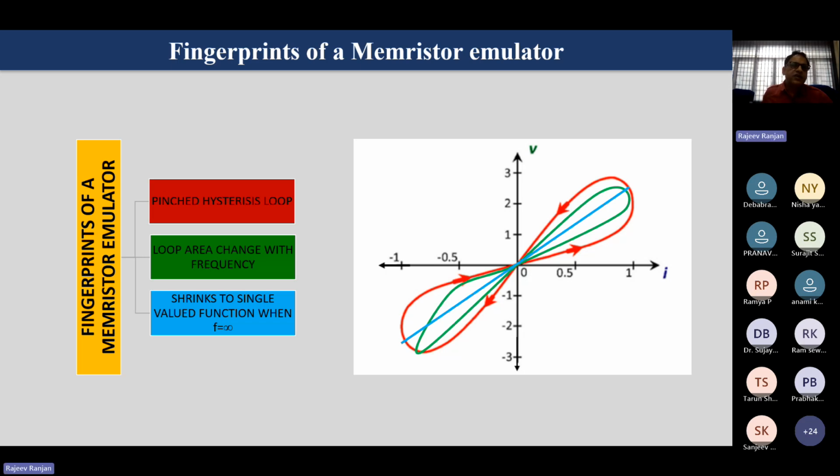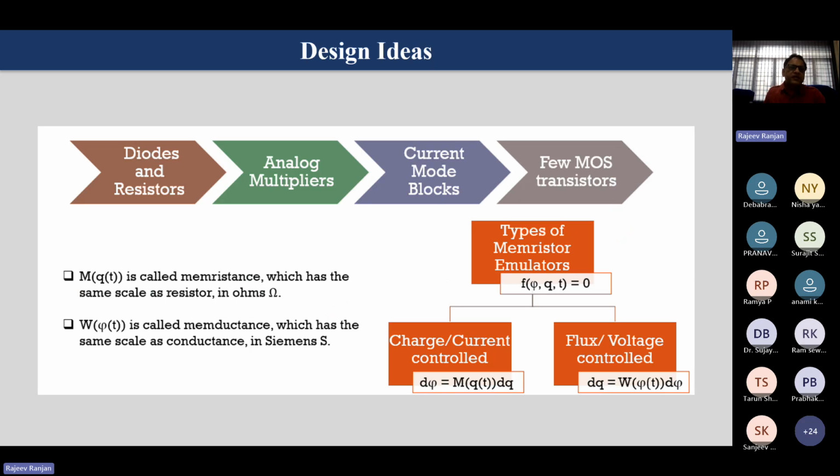Now, the generations of different memristor emulators. First, researchers designed memristors using diodes and a few resistors. Then people used analog multipliers. Then current mode building blocks, which I already discussed in the previous lectures.